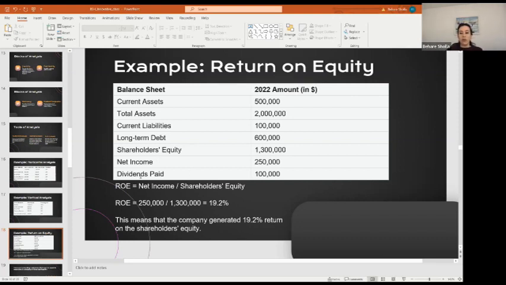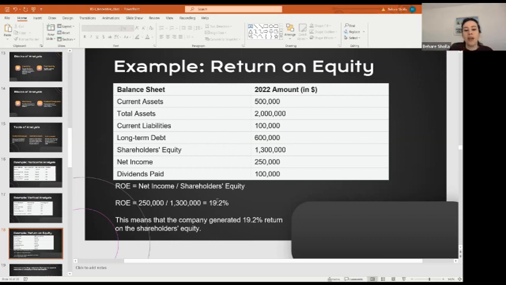The dividends are paid based on the decisions that the company makes, whether to reinvest the net income or to pay the stakeholders. So we have a return on equity, and it is calculated by dividing the net income by the shareholders' equity.